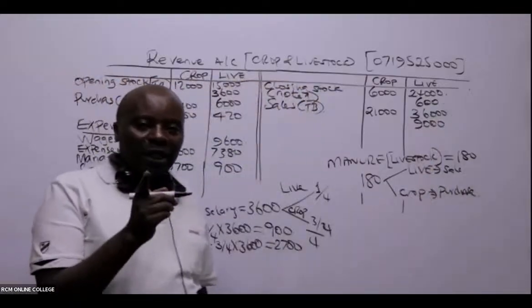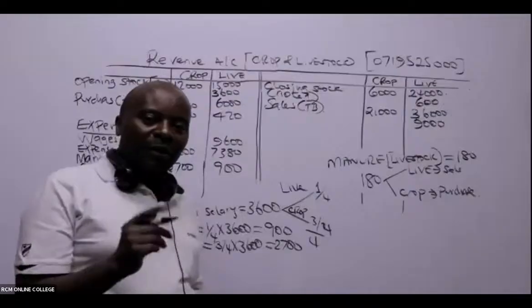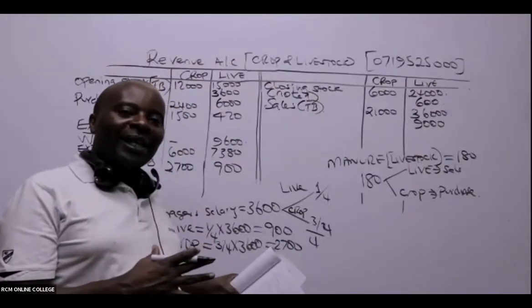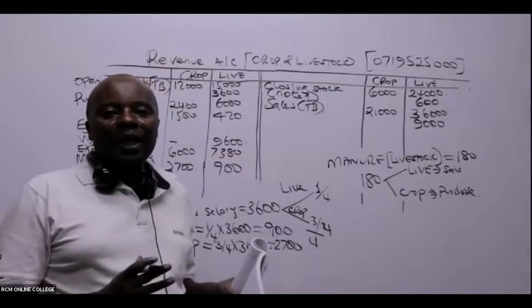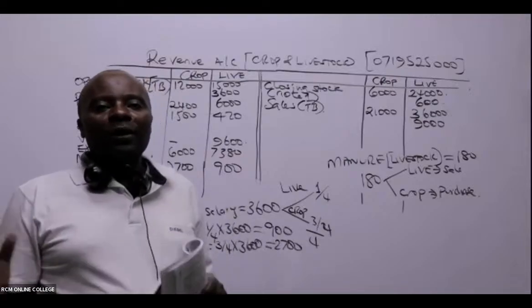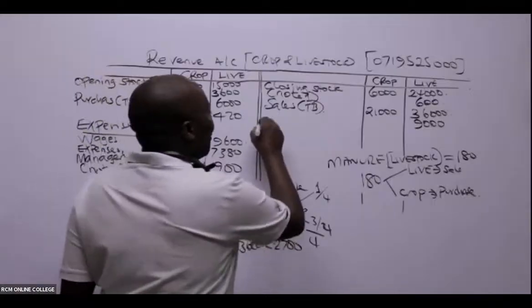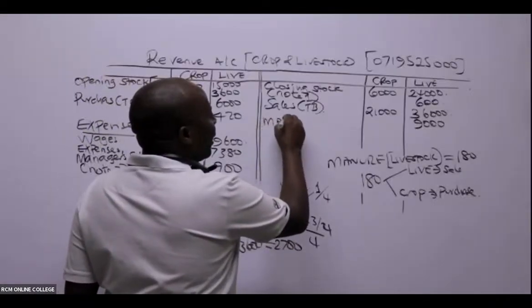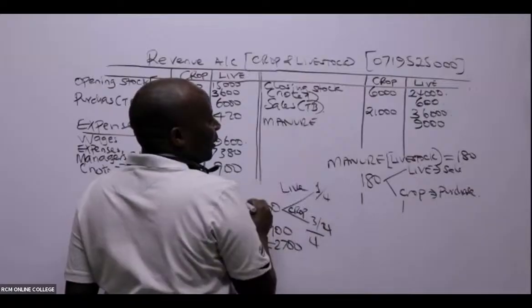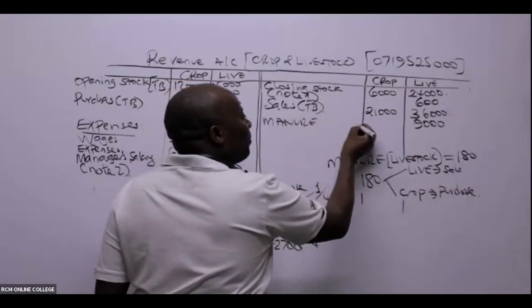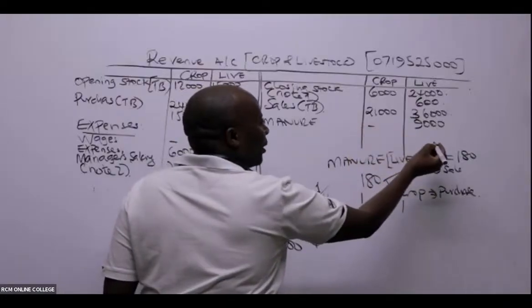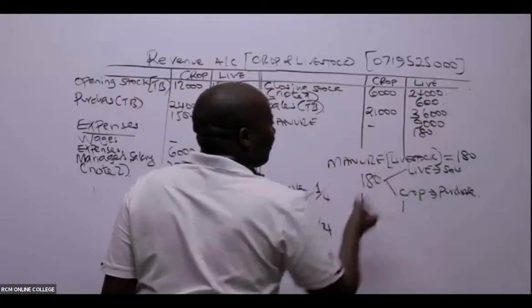Because manure is from livestock, what we get out of livestock is considered a sale in the context of livestock. So you come here and write manure. The department which sold is livestock, for 180.